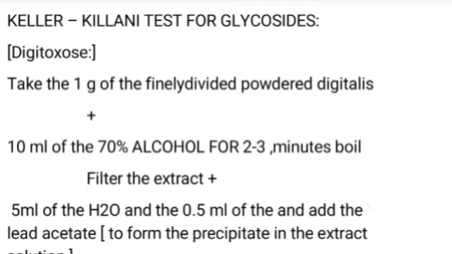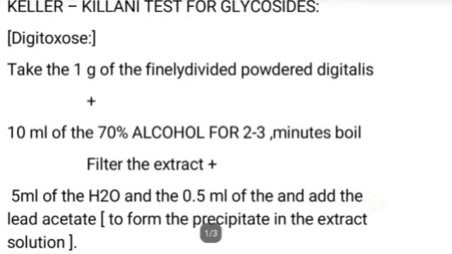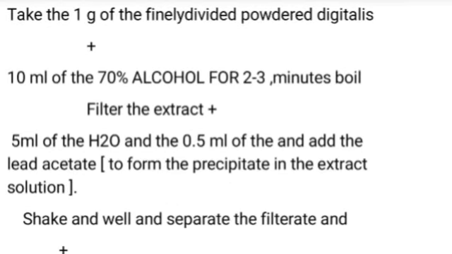Okay, here we take a gram of the finely divided powder of digitalis, and to that add 10 ml of 70% alcohol and boil it for 2 to 3 minutes, then filter the extract.